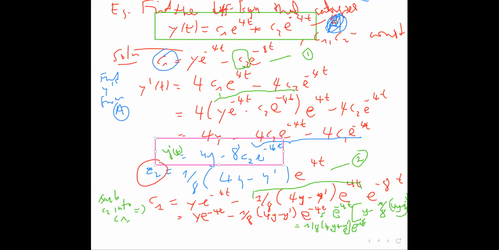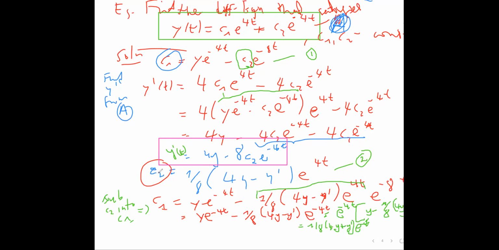Then when you have this, make C2 the subject of this equation. If you do that, you get this, which we call equation 2. So you have C1, you have C2, but C2 now is in terms of y and y'. The question is that we want to make C1 also in terms of y and y' or something similar.